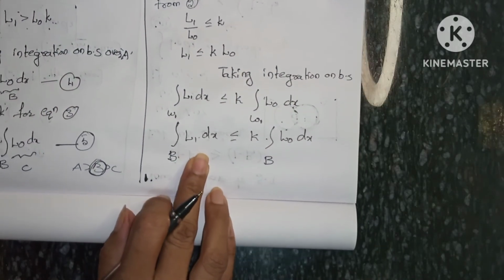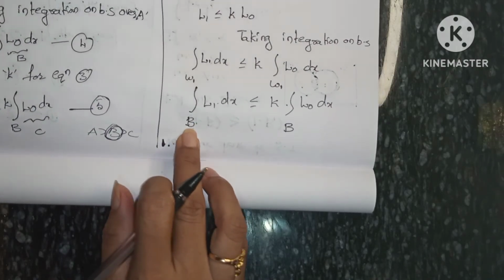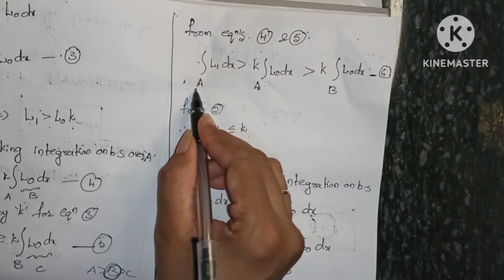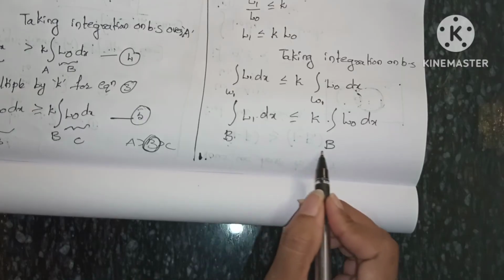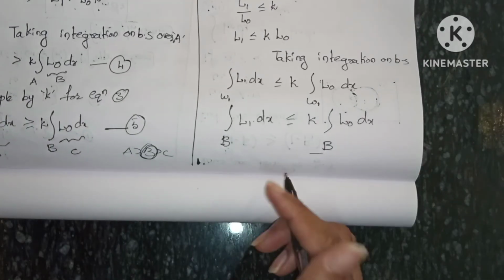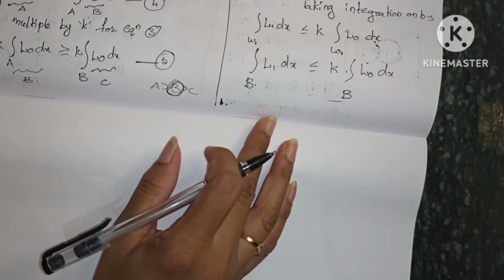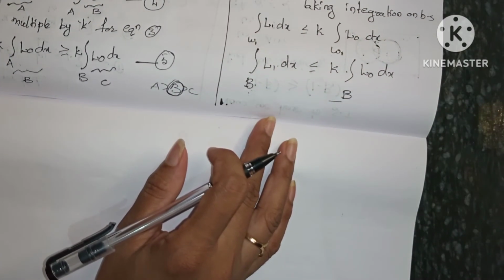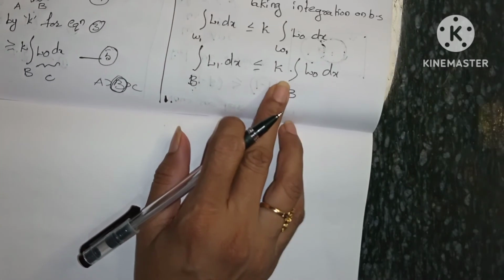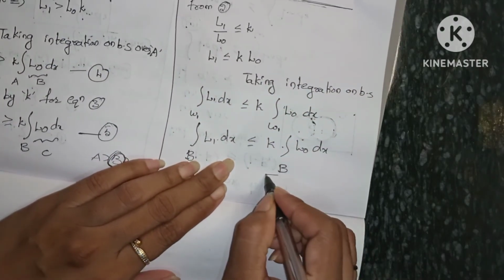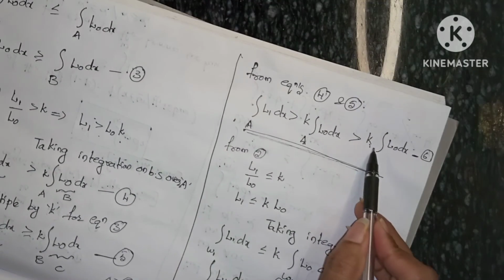Okay. So now in order to get A here, why? Because if you want to compare with this equation, here B we are having. So which limit are we not having here? A limit we are not having. So that's why we have to consider this term from this equation.